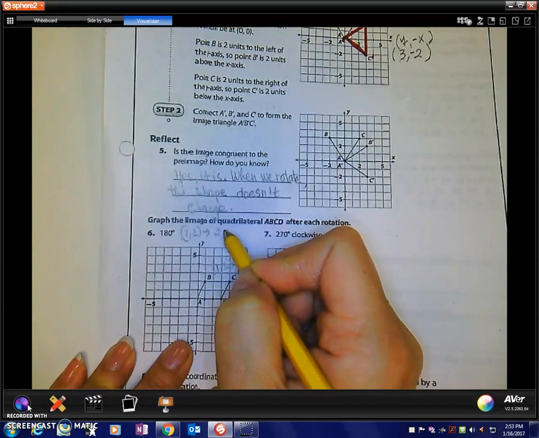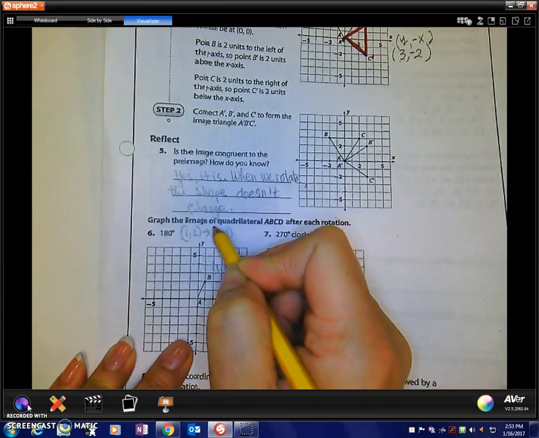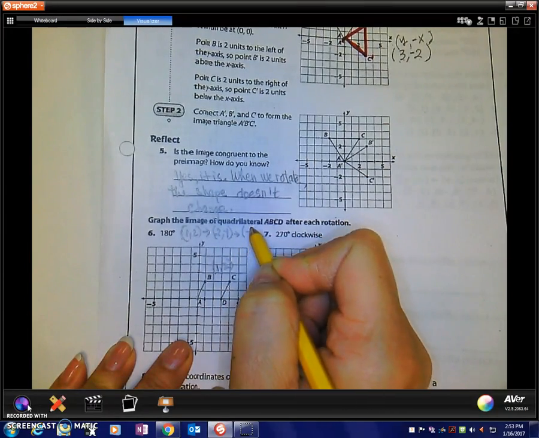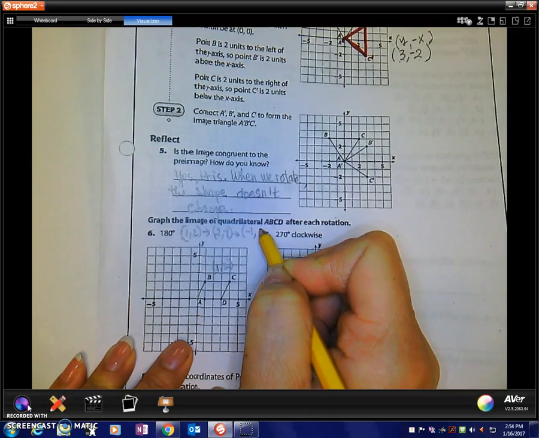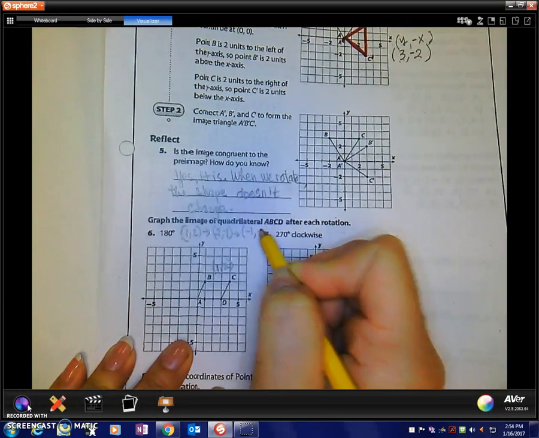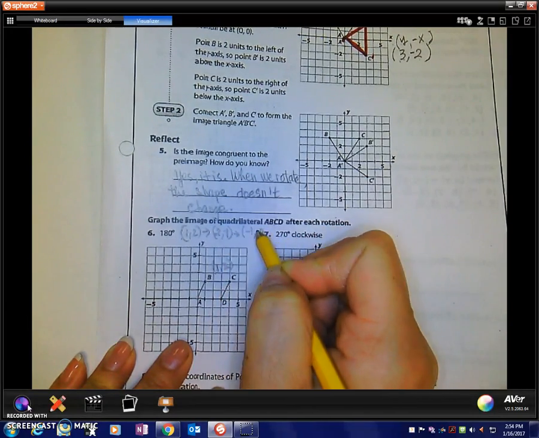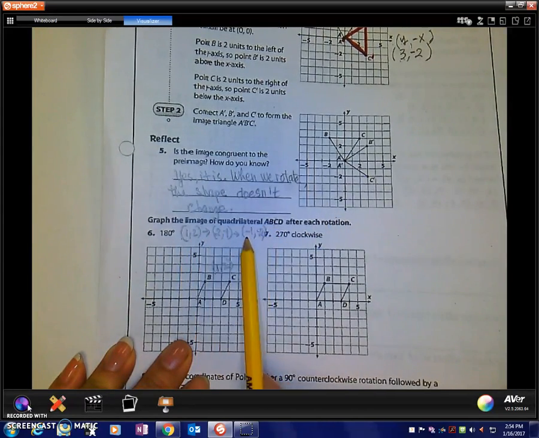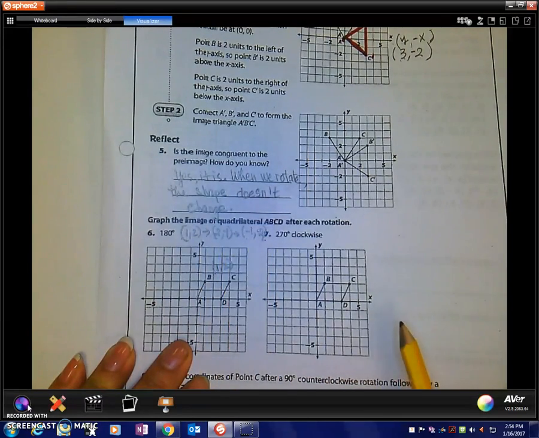If we rotate this way, it will be negative. We rotate again, we flip it again, and now we have to put a negative because we rotate another one. In other words, (x, y) becomes (negative x, negative y) because we rotate twice.